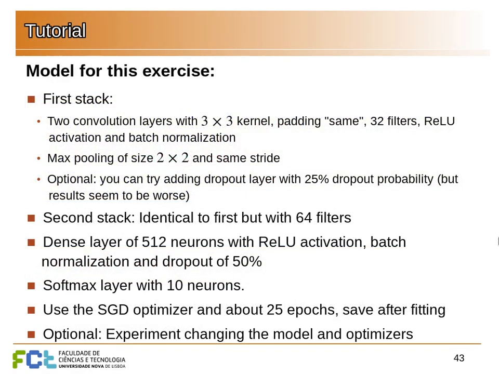Okay, so for the model for this exercise, I suggest you start with 2 convolutional layers with 3x3 kernels, ReLU and 32 filters, and then you can do batch normalization after these 2 layers, or in between the 2 layers too. Then use max pooling, and then in the second stack you can use an identical stack to the first one, but with 64 filters.